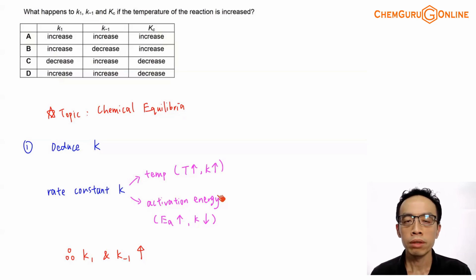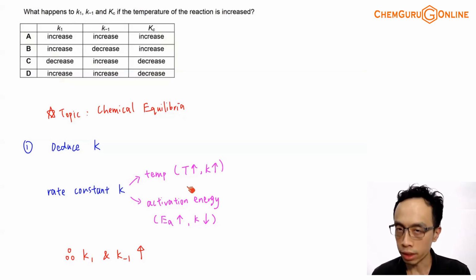Then we expect an increase in the proportion of particles with energy greater than or equal to the activation energy. The number of successful collisions will increase, the rate of the reaction will go up, and therefore the rate constant will also increase. So in general, the higher the activation energy, the lower the rate constant, and the slower the reaction.